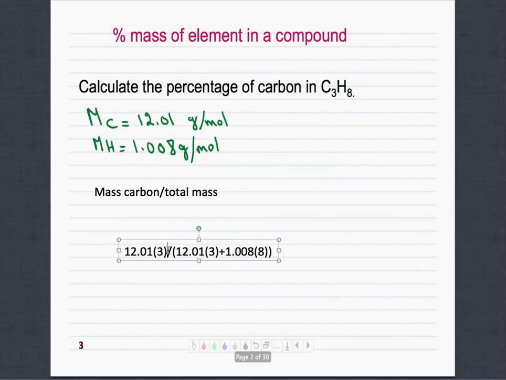And here definitely the whole thing is multiplied by 100, and that would be 81.72%. So if the percentage of carbon in this is 81.72, what is the percentage of hydrogen?